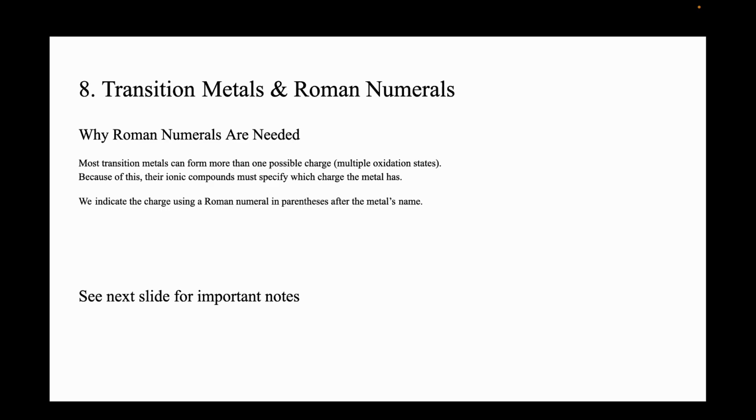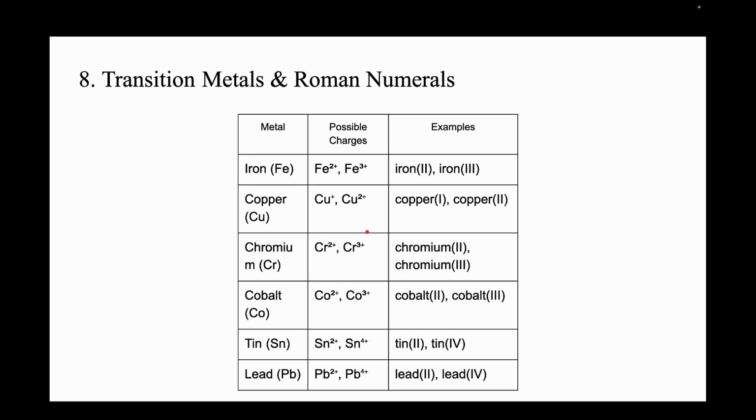And because of this, their ionic compounds must specify which charge the metal has. So we indicate the charge using a Roman numeral in parentheses after the metal's name. So, for example, we have iron, copper, chromium, cobalt, tin, and lead. These are going to be the most common transition metals that you see with ionic compounds.